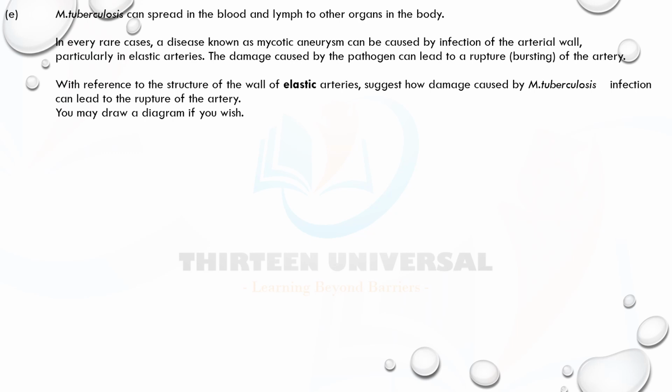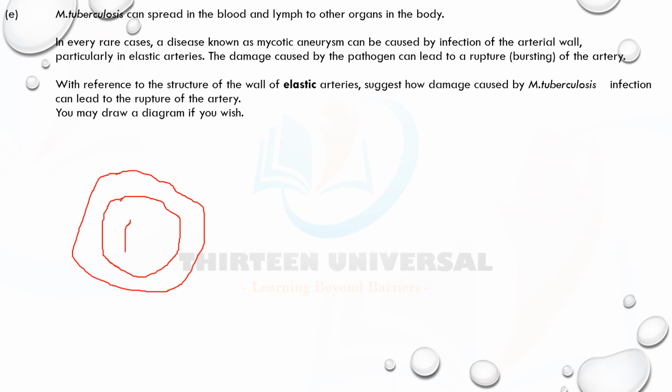Pause the video. All right, remember that elastic arteries are arteries that carry blood at very high pressure. They carry it from the heart directly, especially the aorta. The aorta is an elastic artery. So elastic arteries majorly have more elastic fibers, because they carry blood at very high pressure.